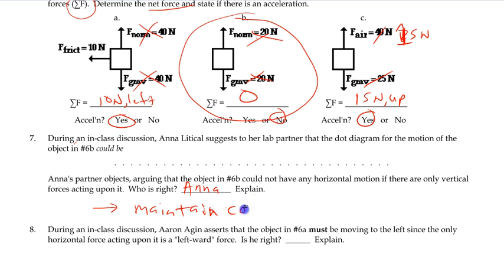So it would maintain constant velocity if it was already moving. This is a common misconception. A lot of people feel there has to be a force to keep things moving forward. Not true. Again, inertia is the property of matter which allows things to stay moving even though the forces on it are balanced.